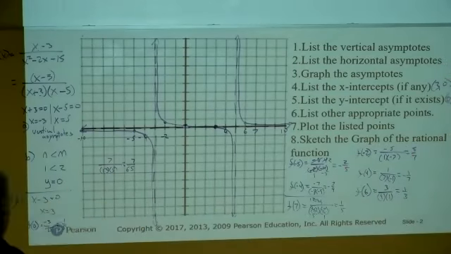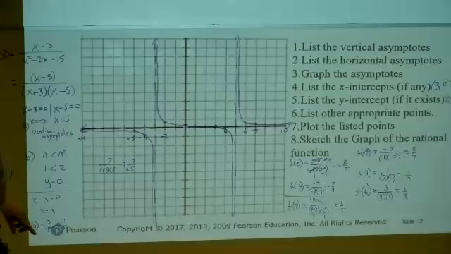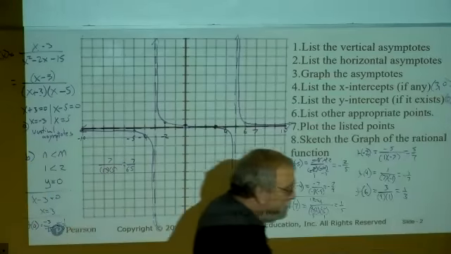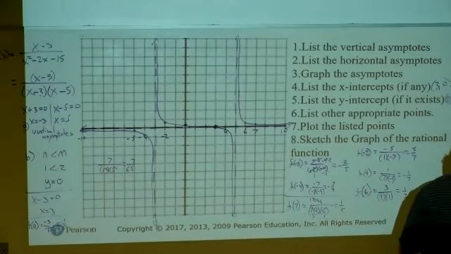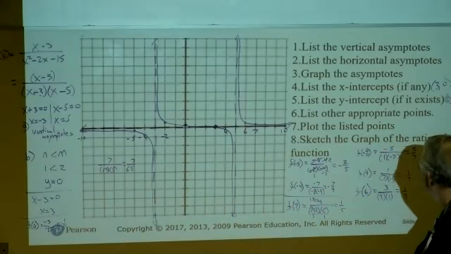If the degrees are the same, then it's the leading coefficients, that fraction. If the numerator is smaller, then it's y equals 0. If the numerator is larger, then you would not have a horizontal asymptote. You could possibly have an oblique asymptote. Okay.